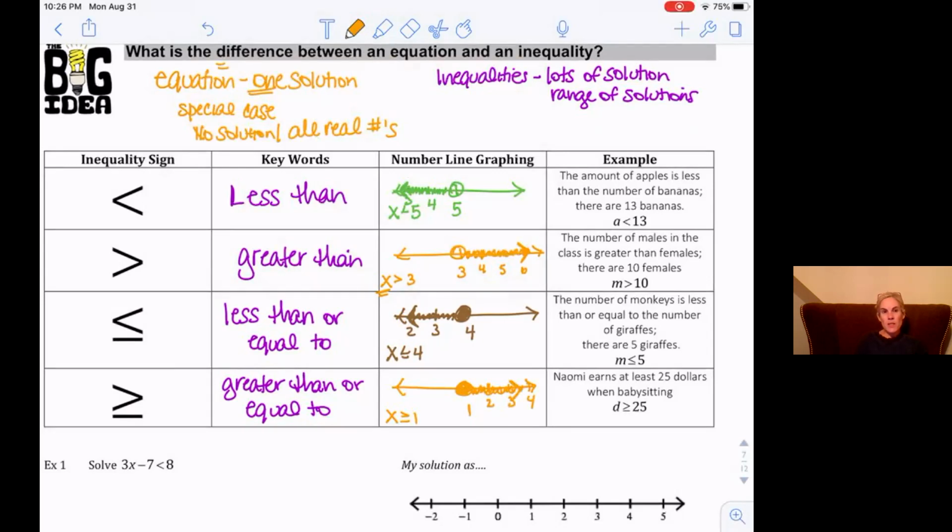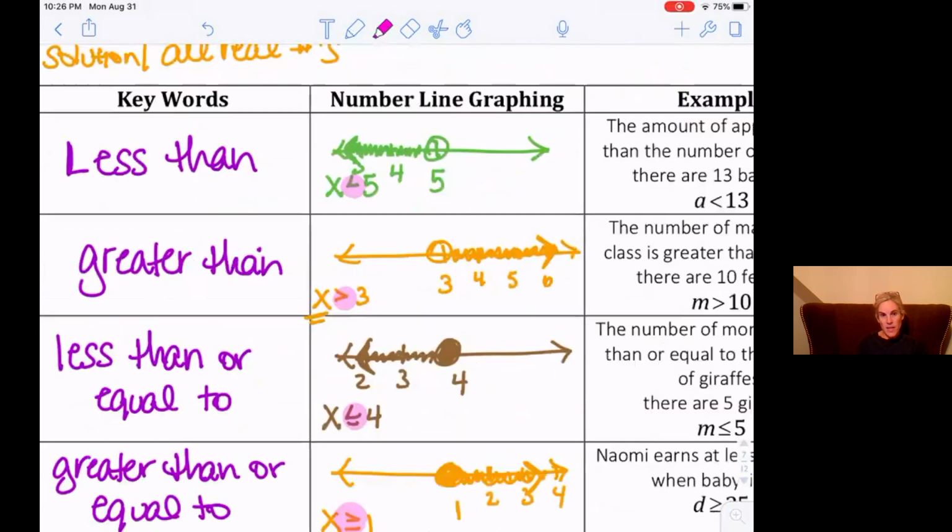What's nice about graphing inequalities is if you have the variable on the left side of your inequality sign, the sign ends up pointing in the direction that you shade. So for instance, that first one said x is less than 5. Since x was on the left side of the inequality, notice that the sign pointed left and we shaded to the left.